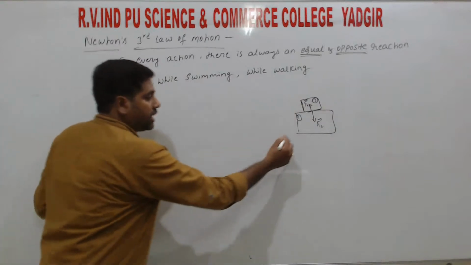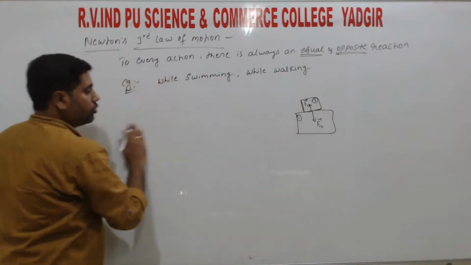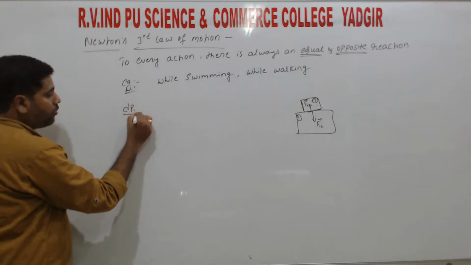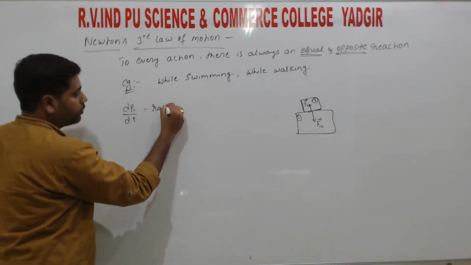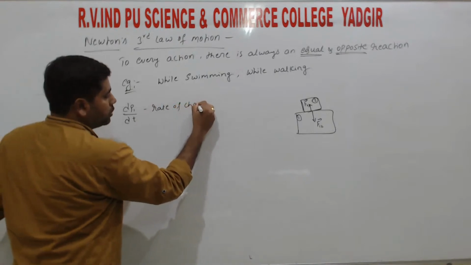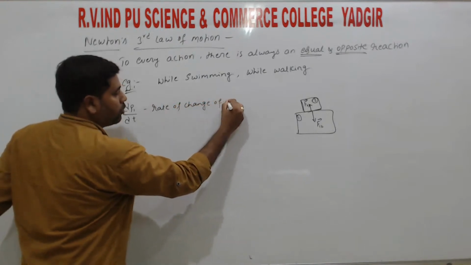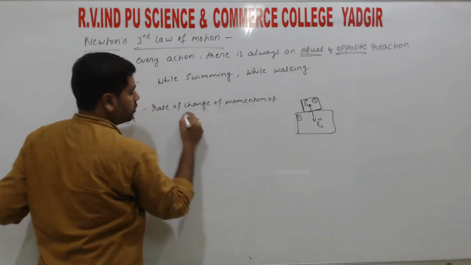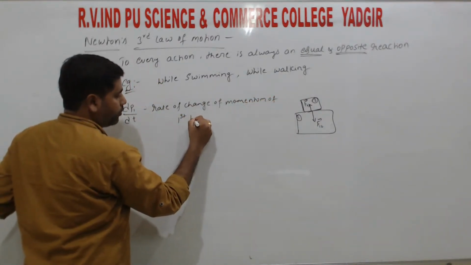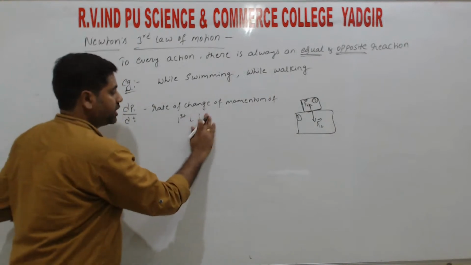For any object having a force, dp1 by dt is the rate of change of momentum of the first body or first object.